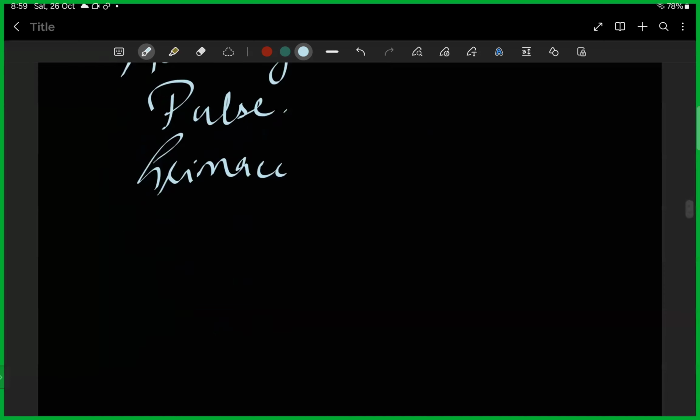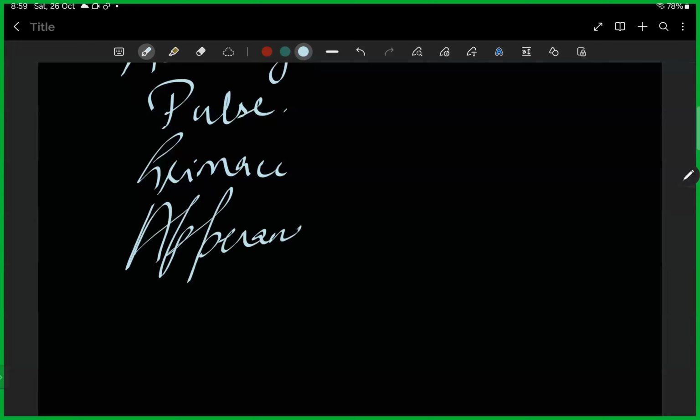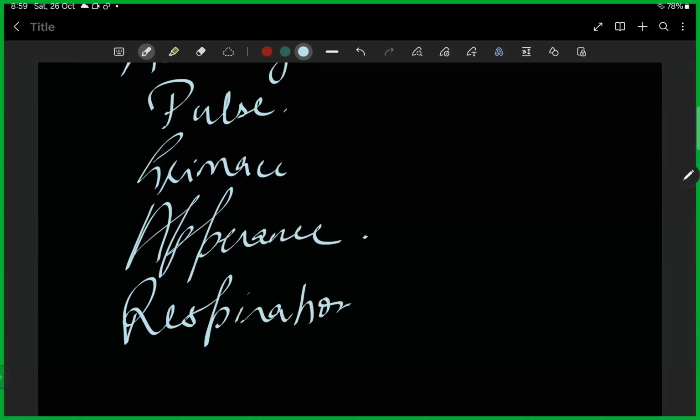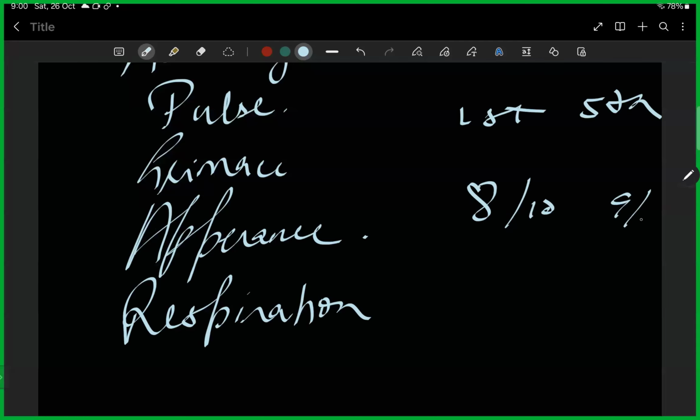Then appearance, skin color, they're pale or they're pink. You don't have to check it, you just have to record it. And the respiration rate of the baby. At the time of delivery, they'll check it in the first minute and in the 5th minute. This is what I've mostly seen. 2 points they will check and they will say if it is 8 on 10 or 9 on 10, like that.